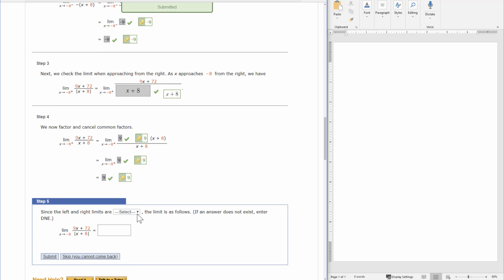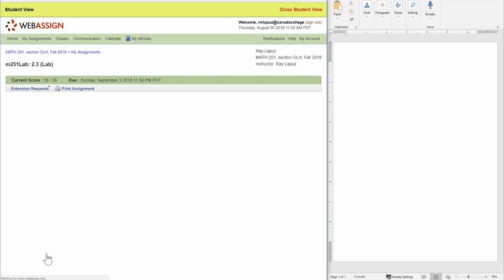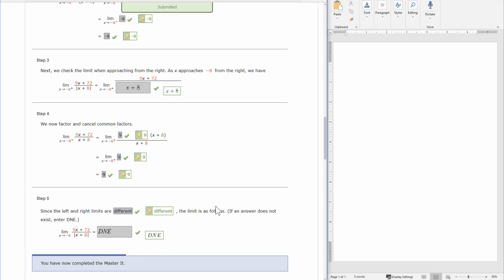Since the left hand side and the right hand side limits are different, the limit here does not exist. It says we have to enter DNE, so let's go ahead and enter that, and that's correct.